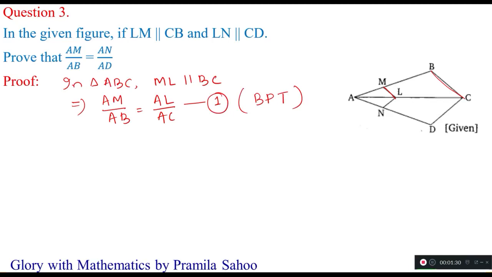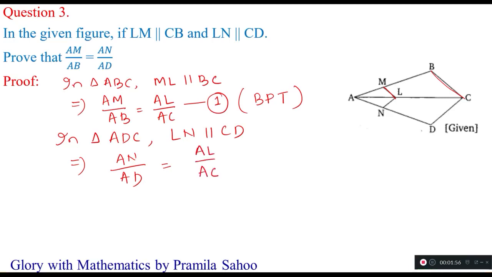You solve it in the example. Again in triangle ADC, LN is parallel to CD. So this implies AN by AD is equal to AL by AC. This is equation 2, and this is also due to the basic proportionality theorem.